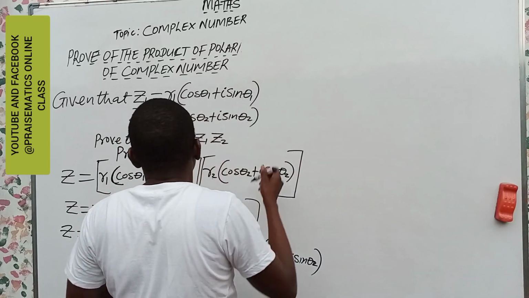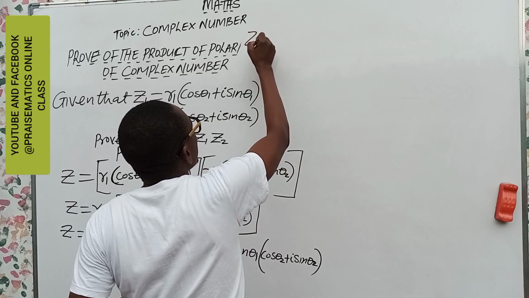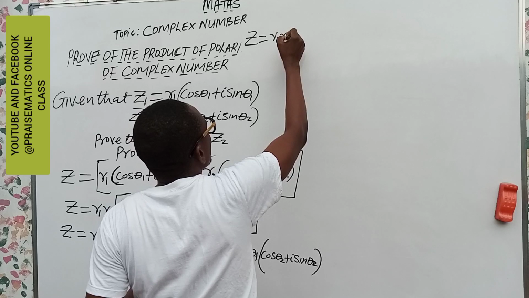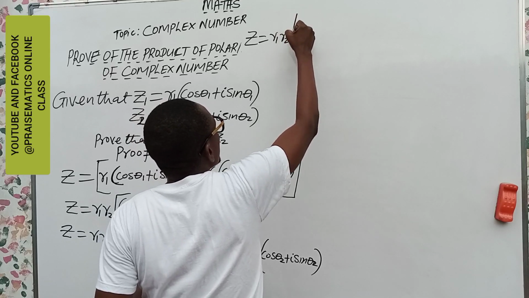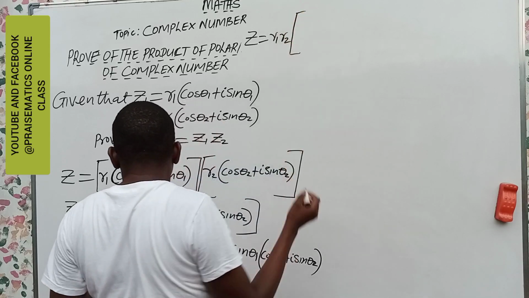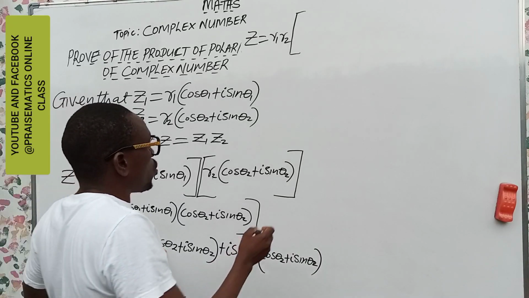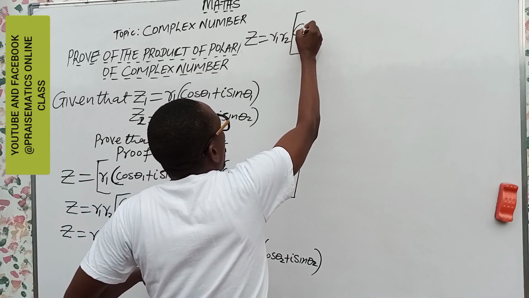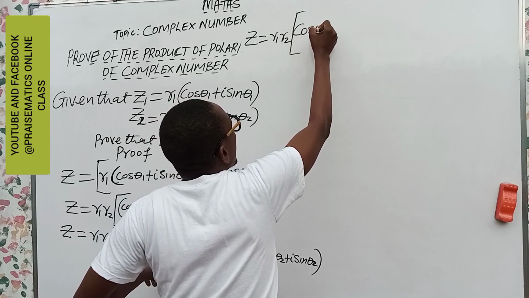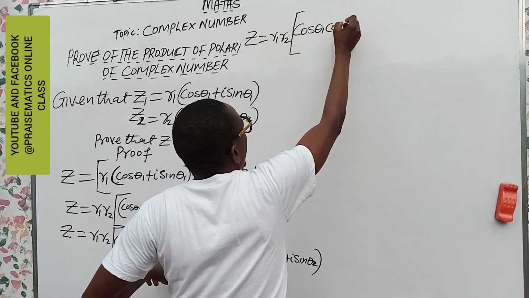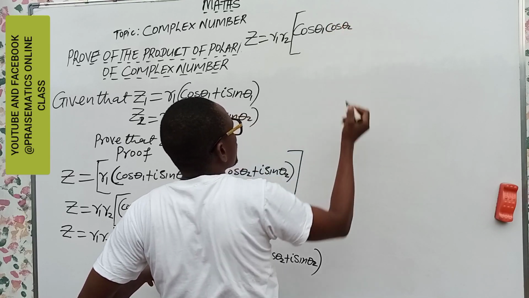Now what do we have here? We have that Z is equal to R1 R2 into big bracket. What do we have? Cos theta 1 times cos theta 2 will give us cos theta 1 cos theta 2.